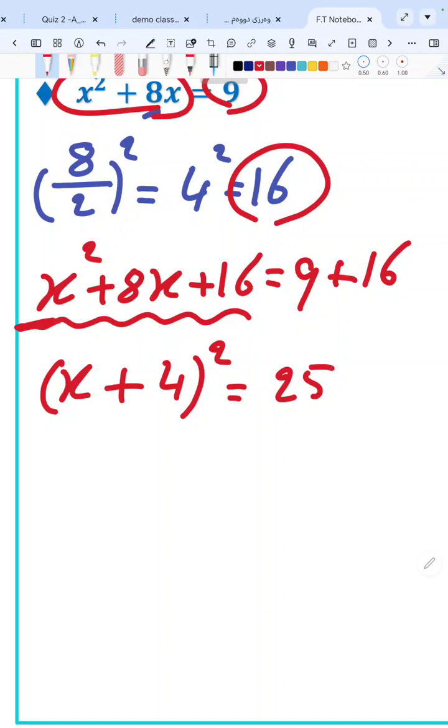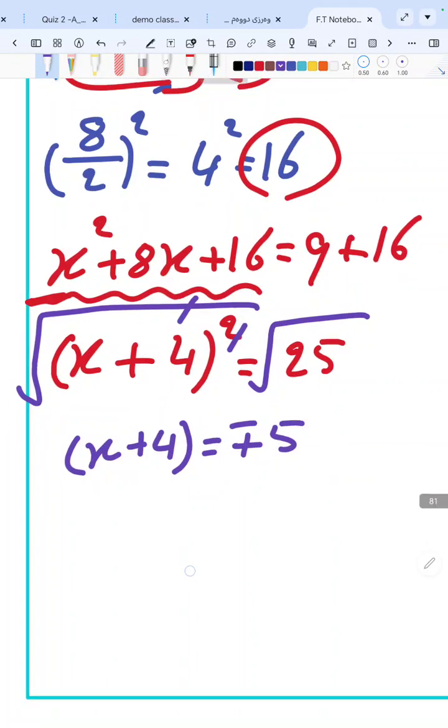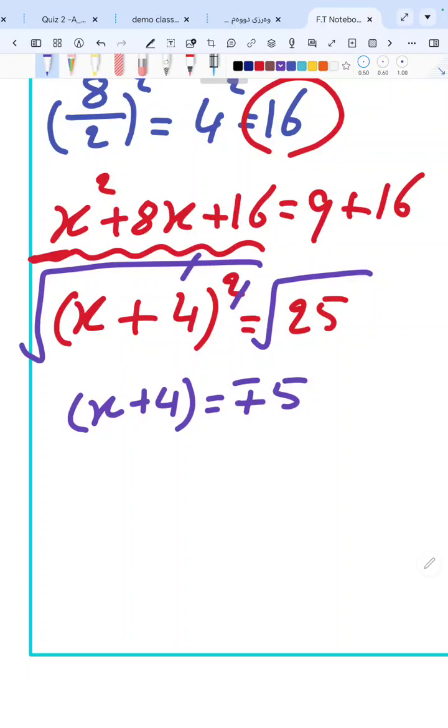Okay, now take the square root of each side. Again, power 2 and square root cancel each other. x plus 4 equals negative, positive 5. Why? Because the square root of 25 is 5. Now we have two simple equations.